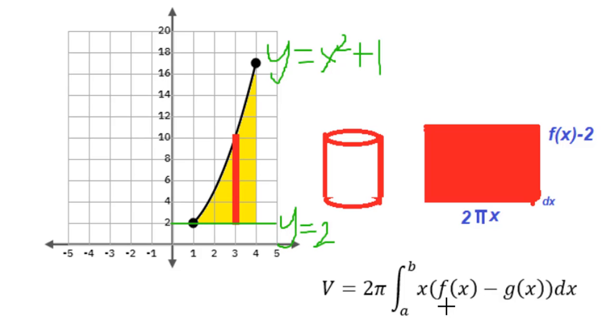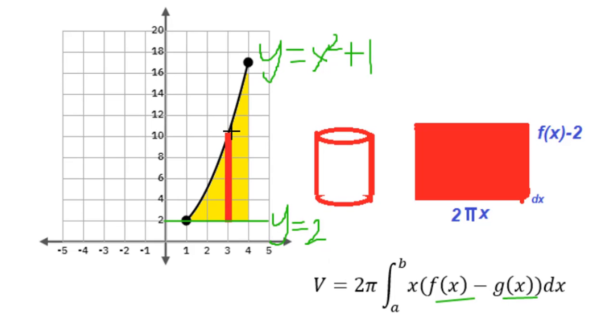So we have f of x and g of x. g of x will be this 2. Think about this very thin rectangle rotating across the y-axis to form this cylinder. When you open this cylinder, you will get this rectangle.